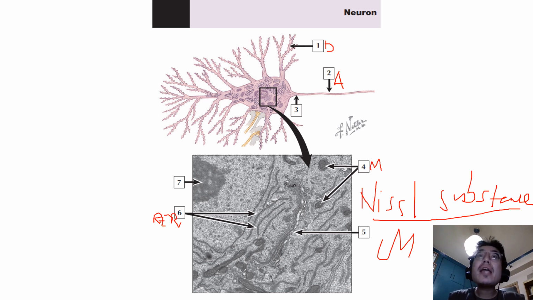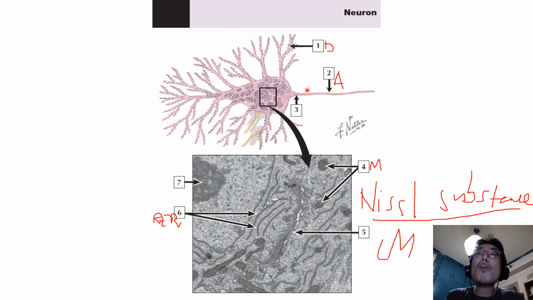Shown here is a schematic as well as an electromicrograph of a neuron in the cerebral cortex. One, shown in the schema, is a dendrite of the neuronal cell. Two, of course, is the axon, shown here being unmyelinated. Of course, we know that it is myelinated by Schwann cells.